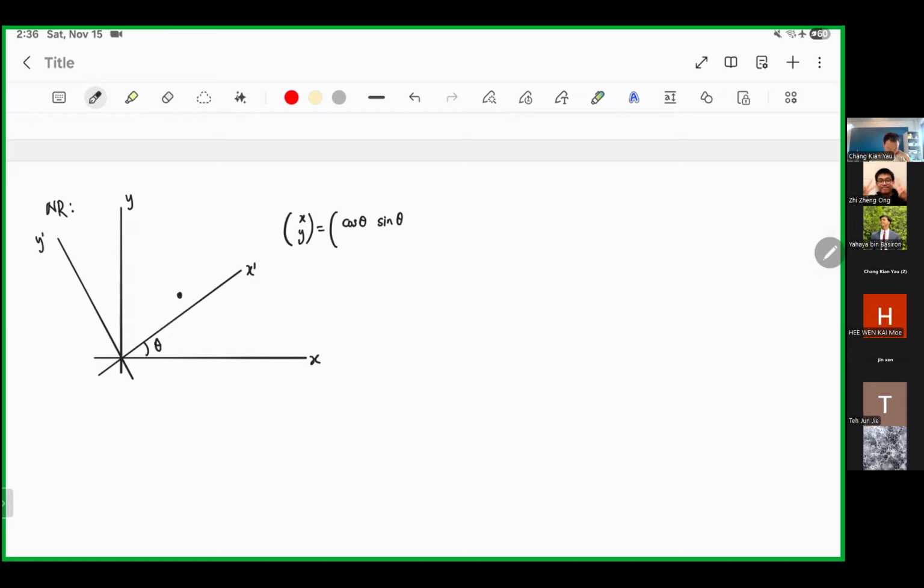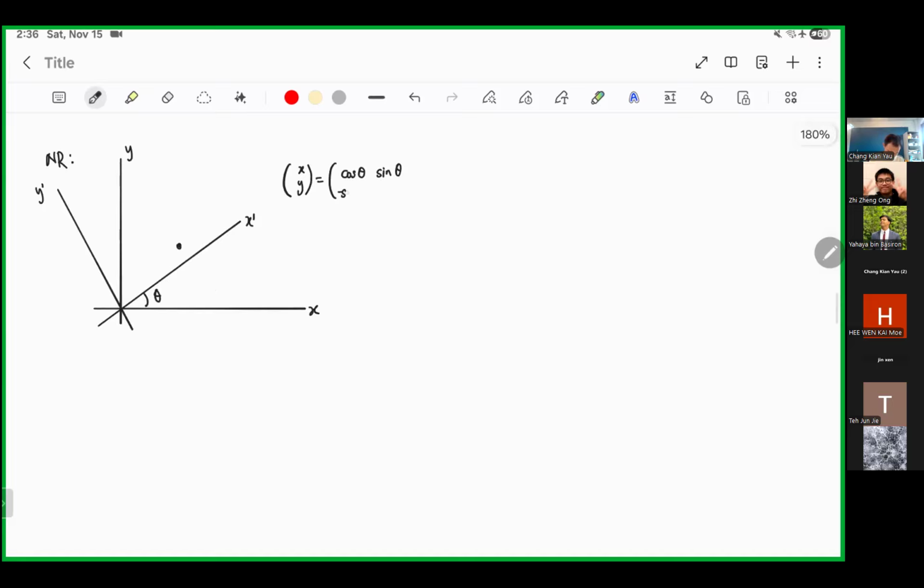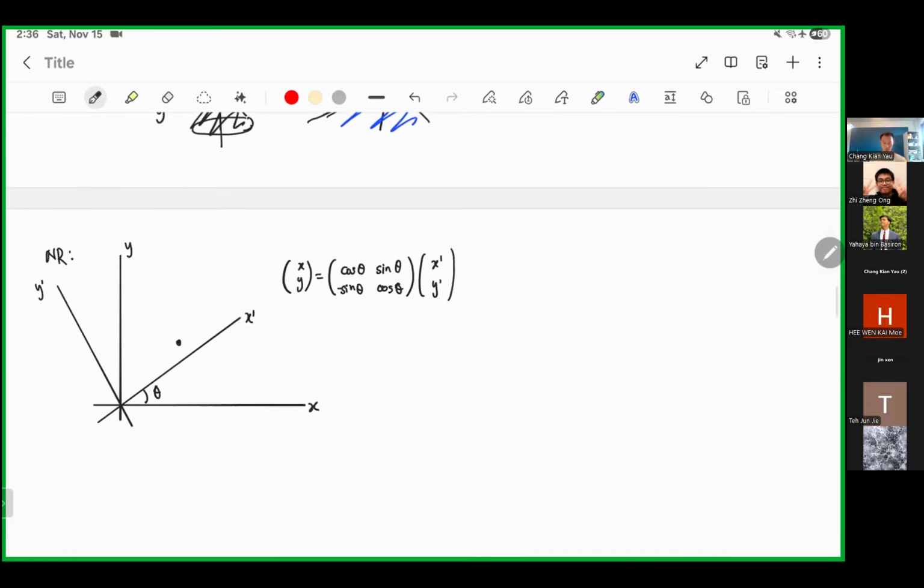The theta is the angle between these two frames. Cosine theta, x prime, y prime. This is if you do a rotation in just 3D Cartesian space.